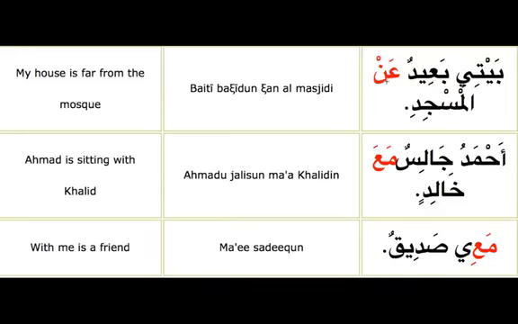And qareeb, near, is used with min, qareebun min. There's always a noun that comes with the harf jar. Baiti ba'idun anil masjidi, my house is far from the masjid. If you want to say near, you say baiti qareebun minal masjid. Qareeb comes with min, ba'id comes with an. Always remember this.